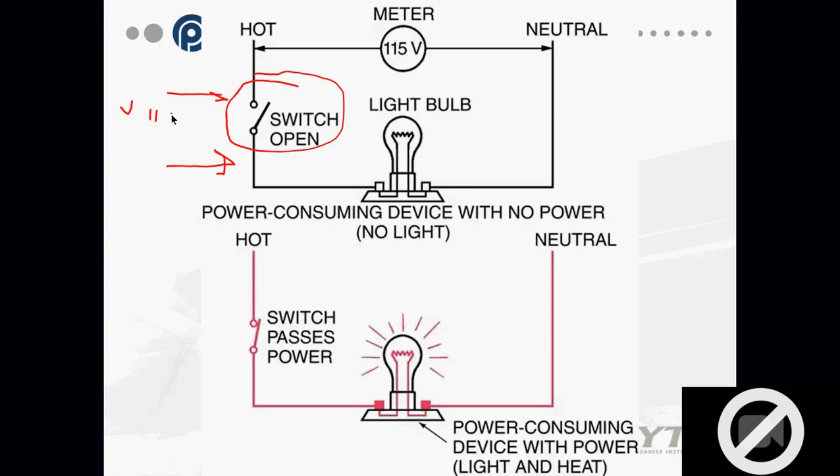So volts, I'm going to get 115 volts. Because what is the rule of electrical I'm talking about here? Difference? Well, it is a difference. I have neutral, which is effectively 0, coming back to here. And I have my hot, which is effectively 115 coming to here.